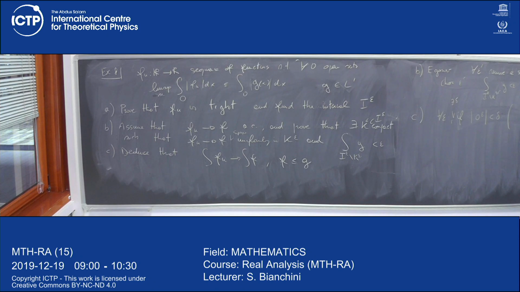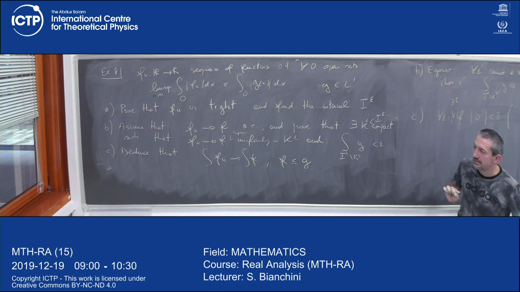Okay, so I need just to prove this fact, to apply the Vitali theorem. The theorem says it is tight, point 1, and it is uniformly integrable. So this one is the uniform integrability.